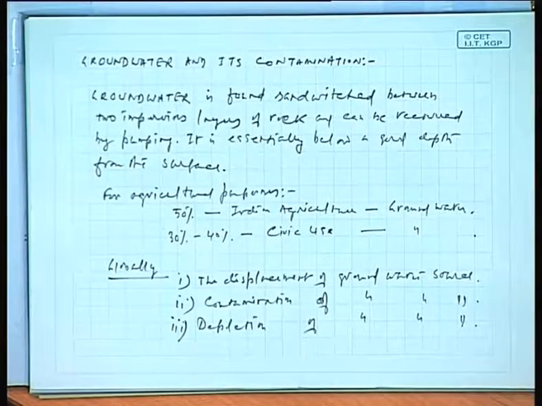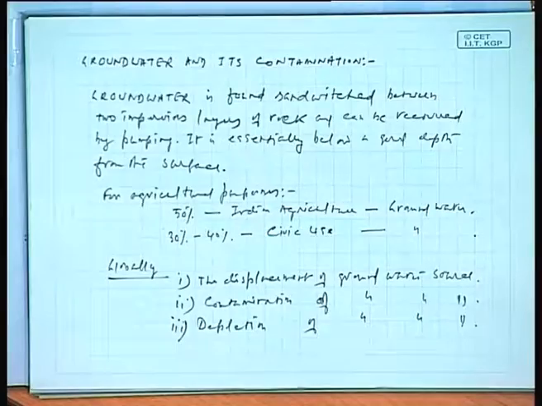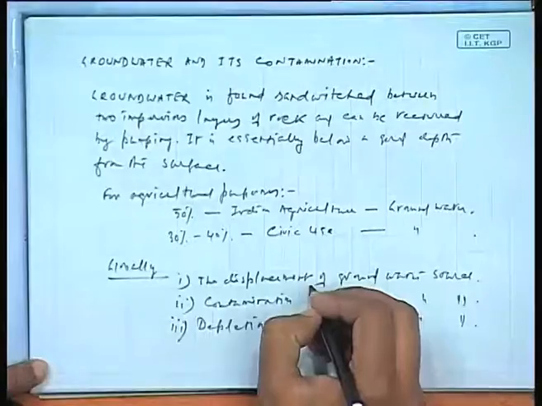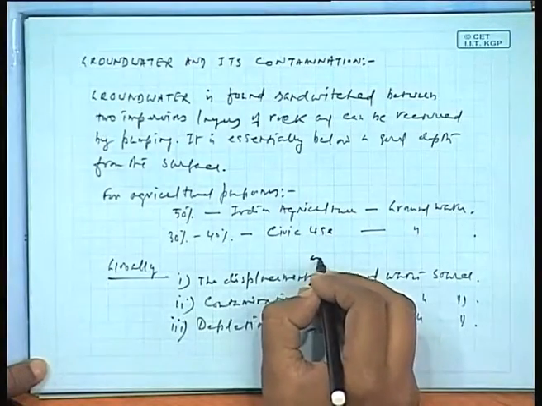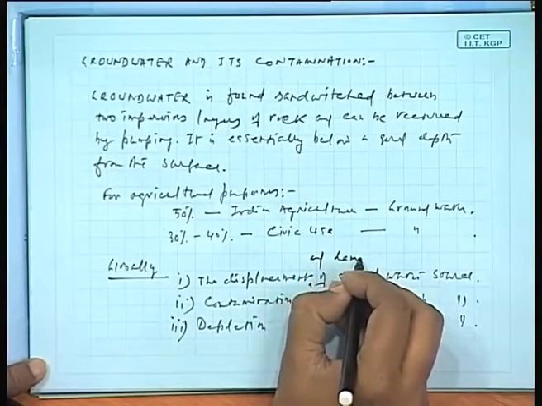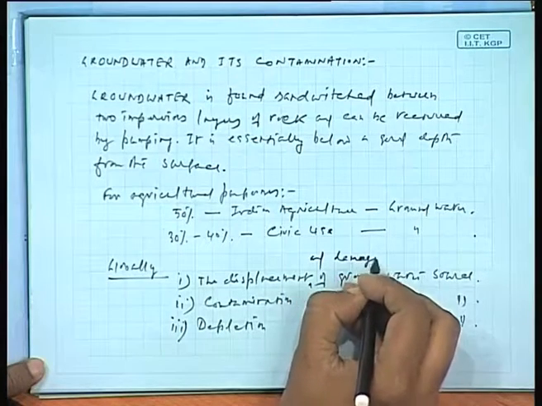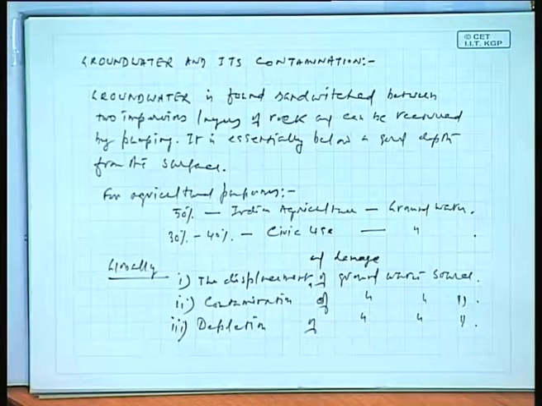Over pumping is one key reason why the groundwater sources are damaged and displaced. You can write displacement and damage. I will explain this damage part.